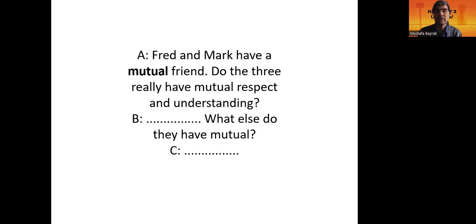Do the three, Fred, Mark, and Robert, really have mutual respect and understanding? Yes. Thank God, all three have mutual respect and mutual understanding. That's why they are best friends of each other.